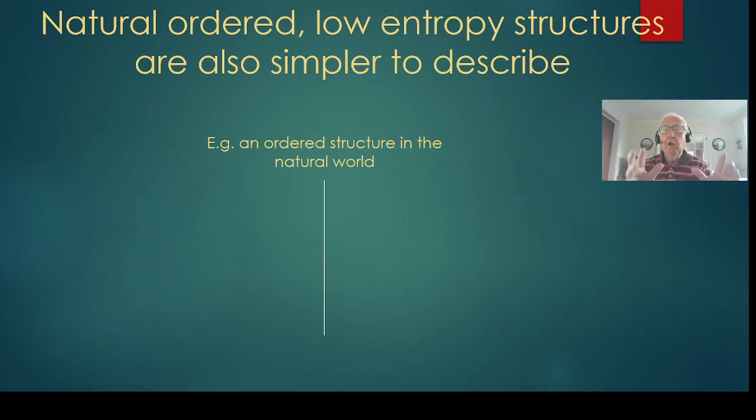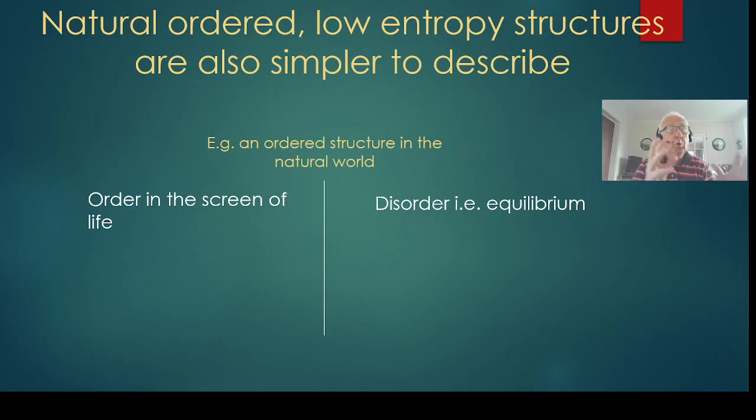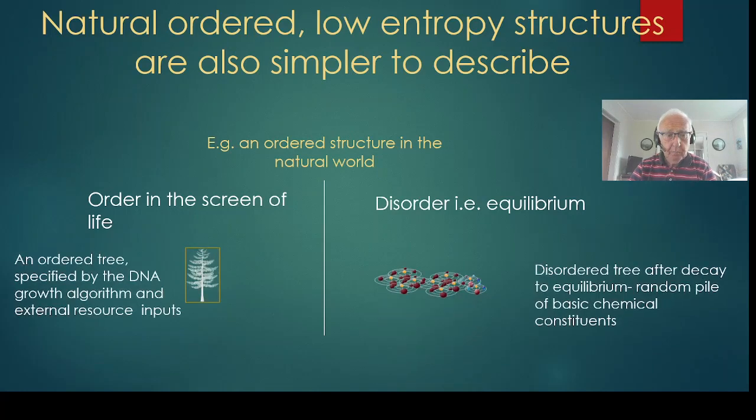Natural ordered, low entropy structures are also simpler to describe. Ordered structures in the natural world are ordered on the screen of life, so to speak, and disordered structures are those at equilibrium. On the left we have an ordered tree, specified by the DNA growth algorithm and the external inputs that are fed into the growing tree.